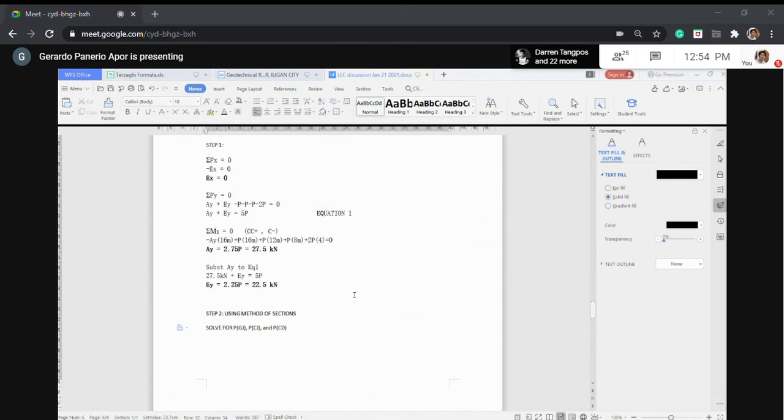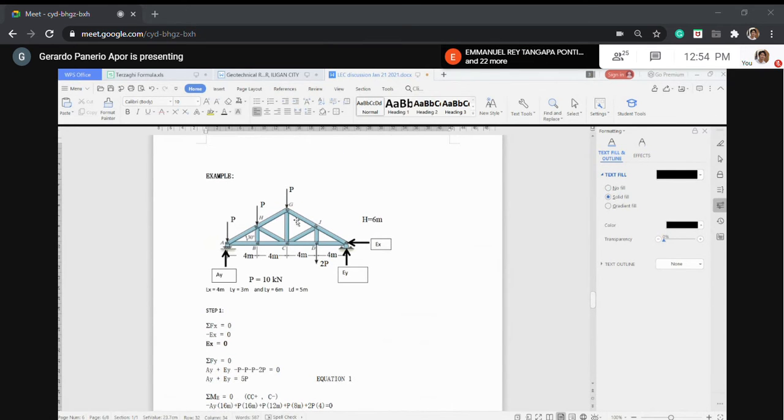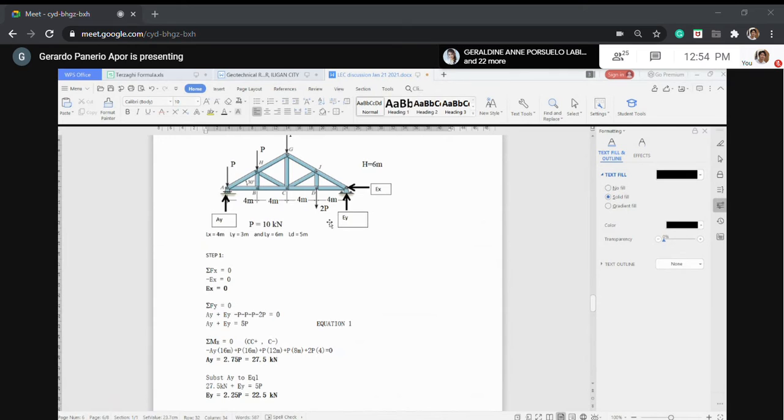PCD only. There are only three, no? So if you do not know method of section, what you will do is use method of joint, and before you reach PGG, PGJ, PCJ, and PCD, you have to solve all of this from joints A, B, C, H, G, so that you will arrive here, no?